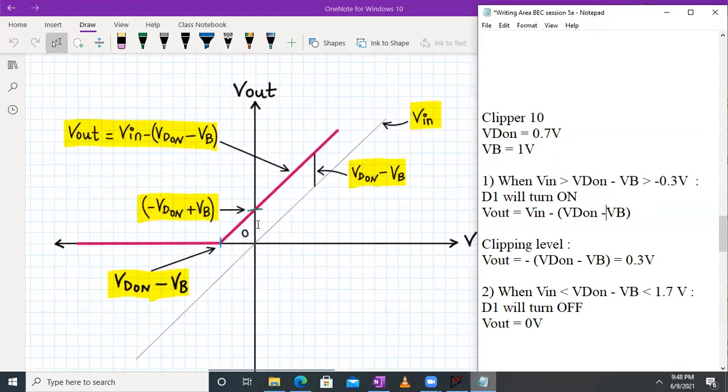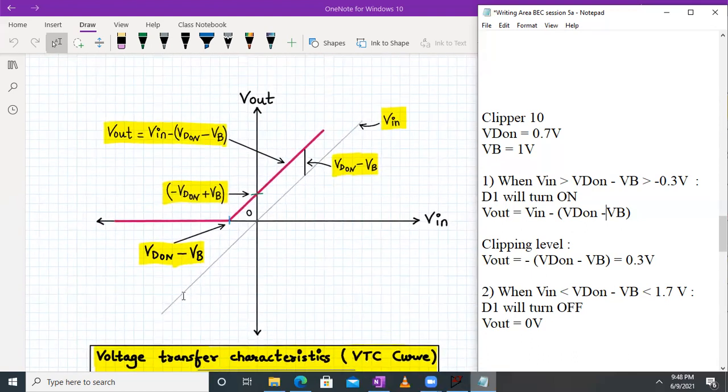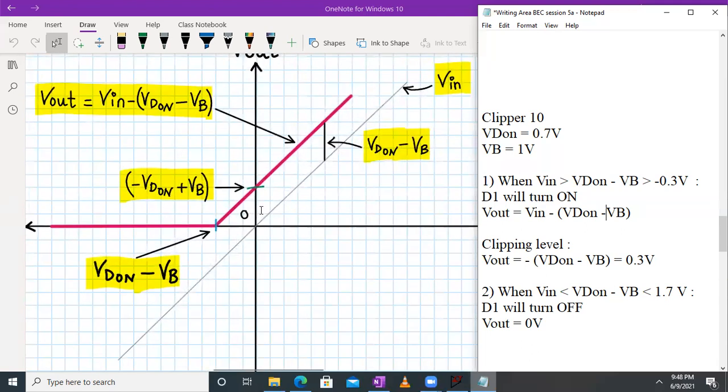So for the VTC curve, it's pretty straightforward. Over here, first of all, we have to mark this level, VD on minus VB. For the voltage transfer characteristics, first you draw a line of Vin.